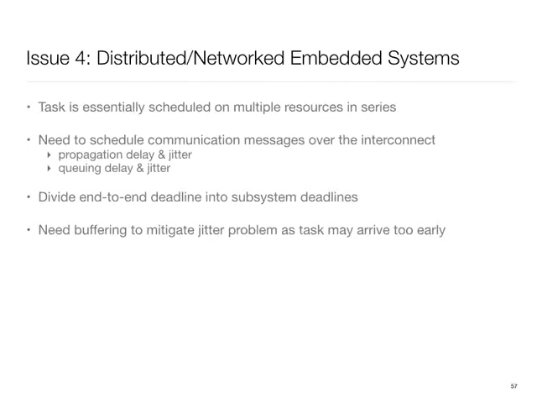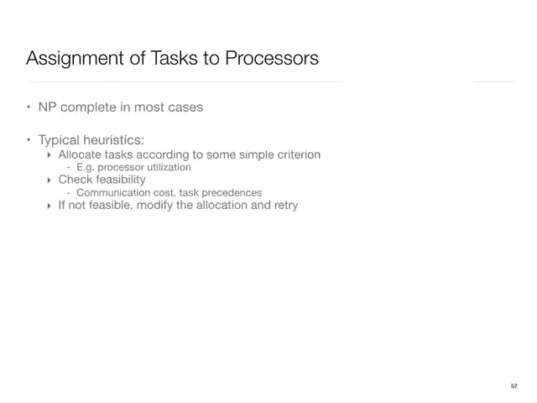The jitter problem in many cases can be mitigated by having buffering, but oftentimes it's a more complicated challenge. So it turns out that in these settings, where I have multiple processors and my tasks with precedences are scattered across those processors, things can get pretty tricky, NP-complete in most cases.